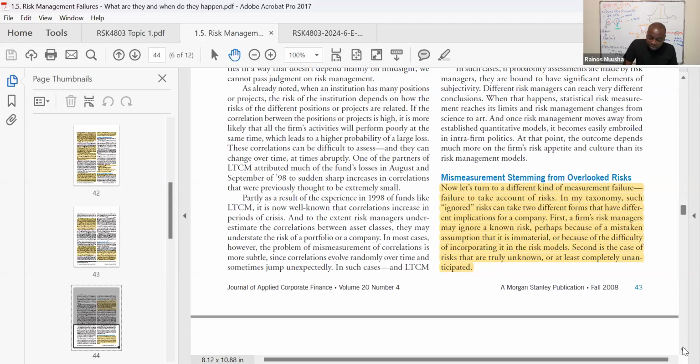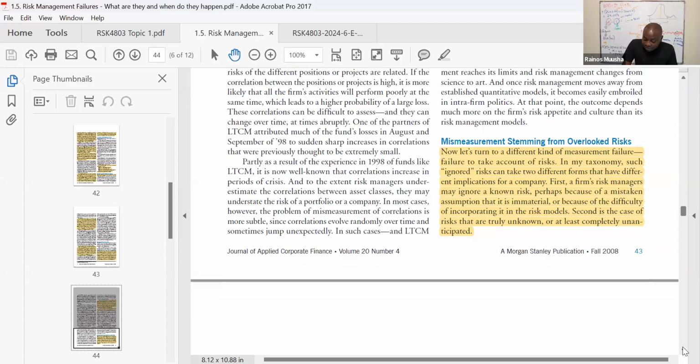First, a company's risk manager may ignore a known risk, perhaps because of a mistaken assumption that it is immaterial or because of the difficulty of incorporating it in the risk models. And second is the case of risks that are truly unknown or at least completely unanticipated.